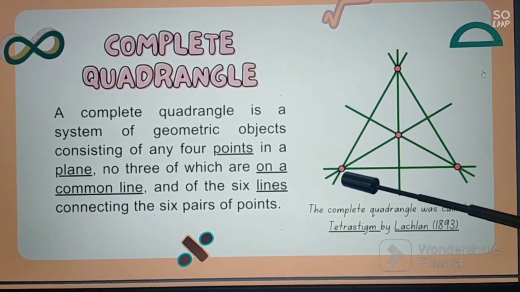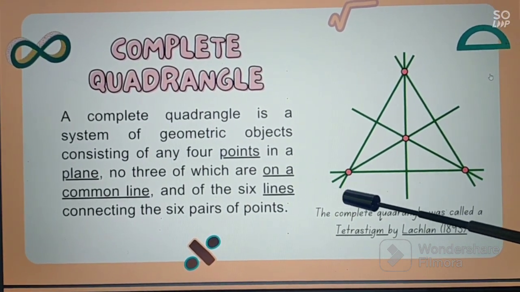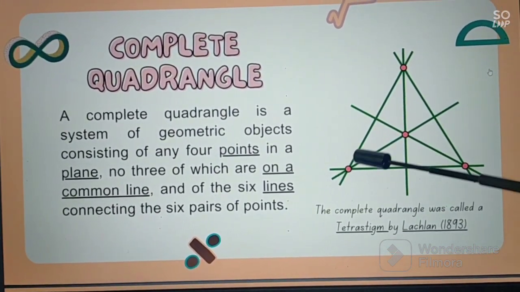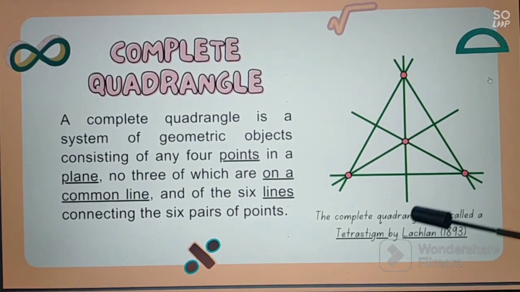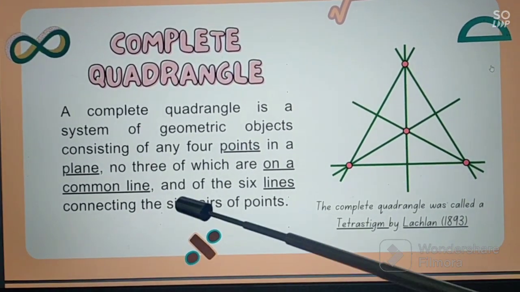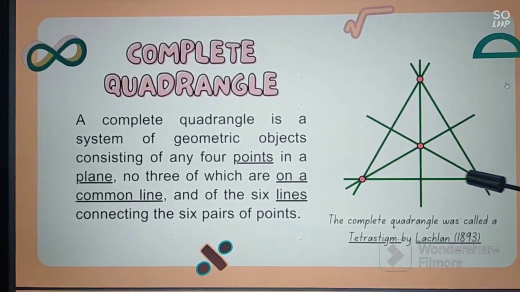So in one line, you can only see 2 points. Another line, 2 points, another line. So you cannot see 3 points in a line. There are no 3 points on a common line.